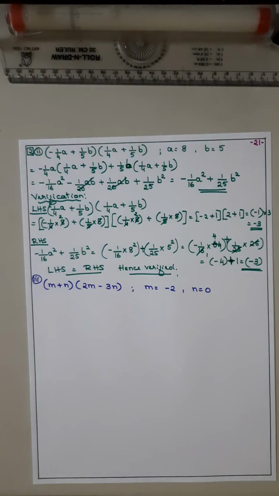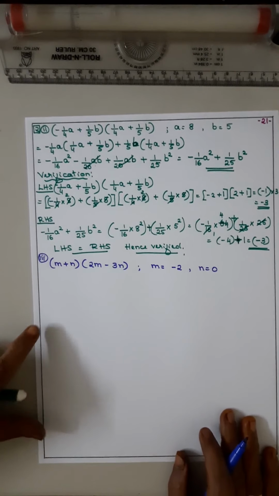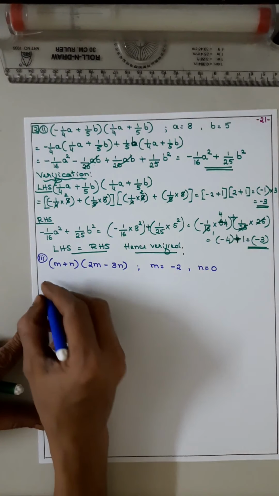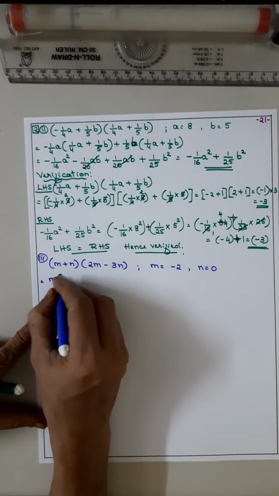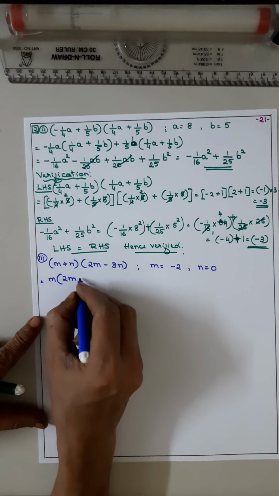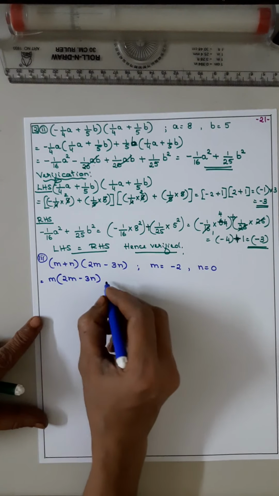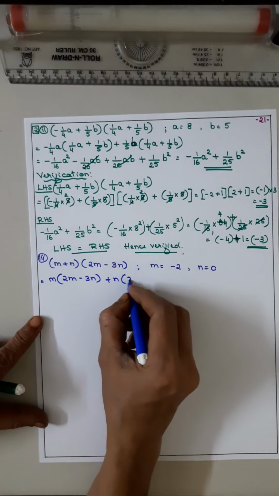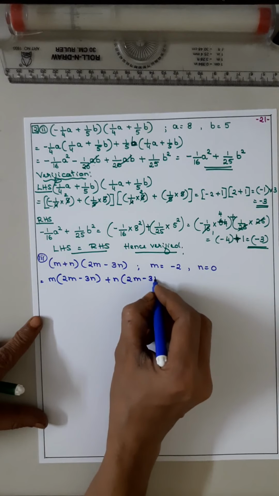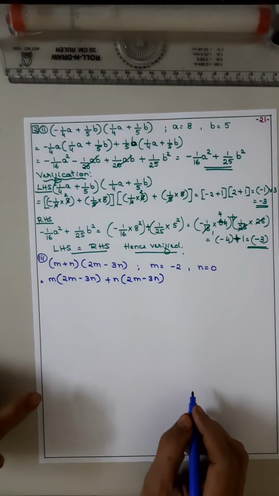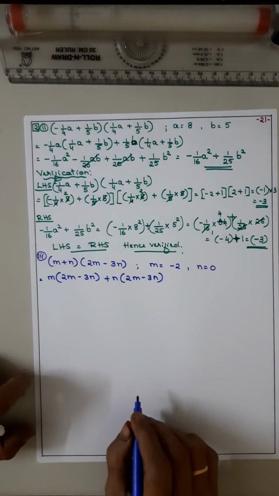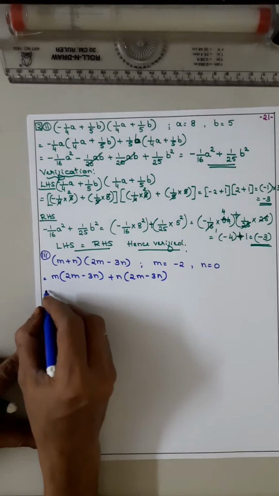Okay. Now coming to the third sum. It is (m plus n)(2m minus 3n). Okay. m(2m minus 3n) plus n(2m minus 3n). Lengthy sums, isn't it? Feeling bored? Okay.